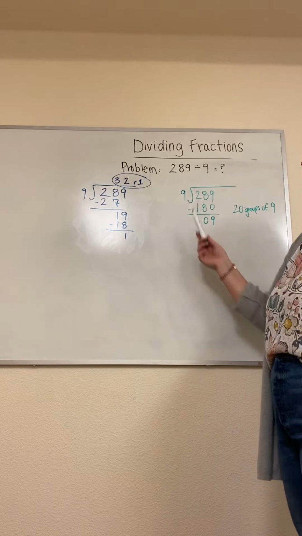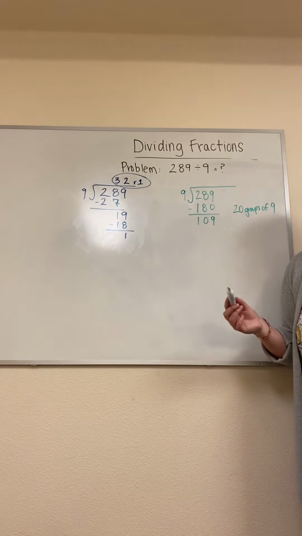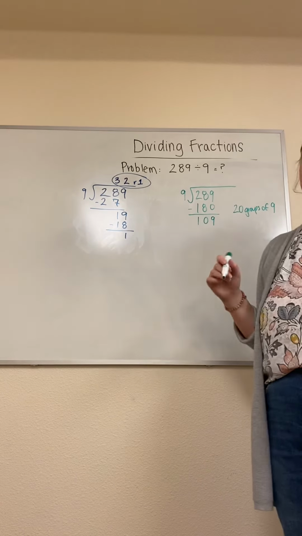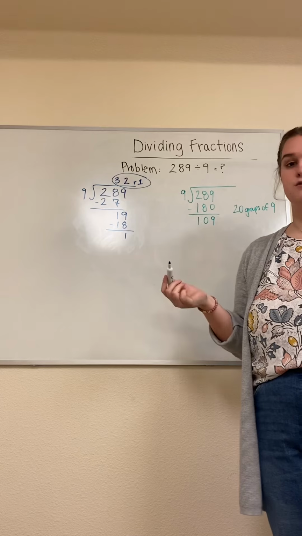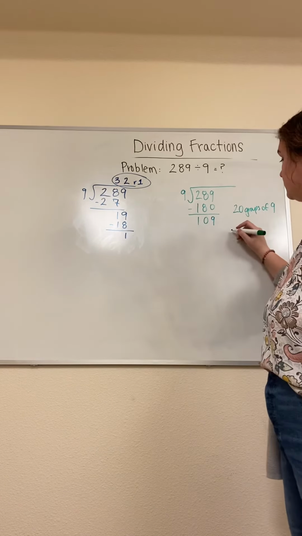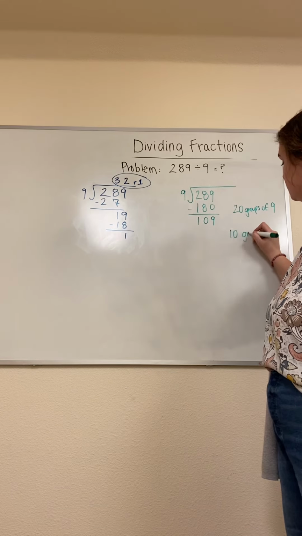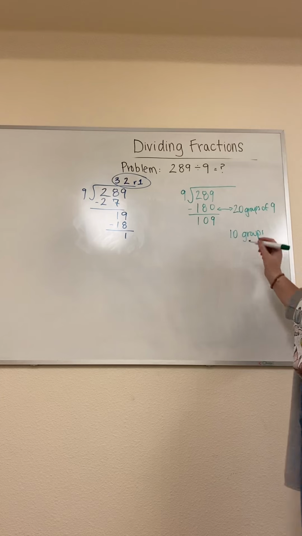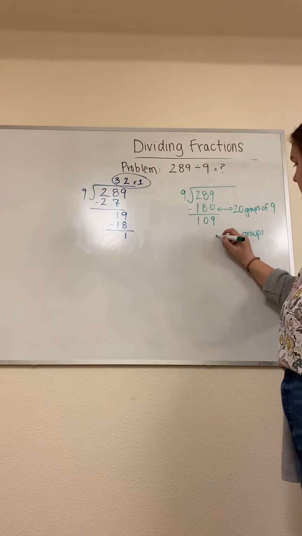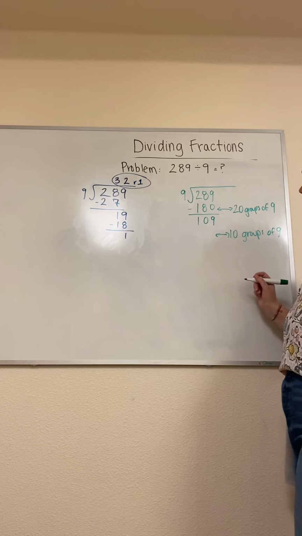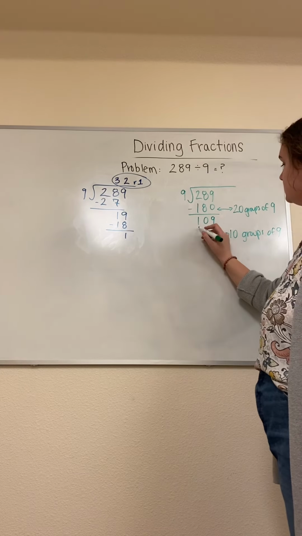So now we're trying to think, okay, how many groups of 9 can fit into 109? And I was thinking I'll go back to my original, which 10 groups of 9 is 90, and that's pretty high for this. So I would say we would do 10 groups, and we're going to label it over here so that we keep track, like this is equal to that. So 10 groups of 9 equals 90.